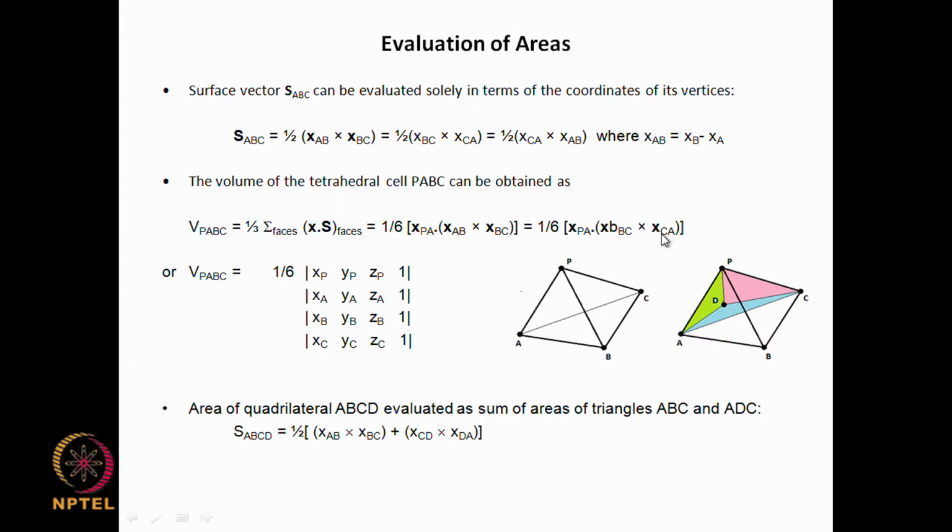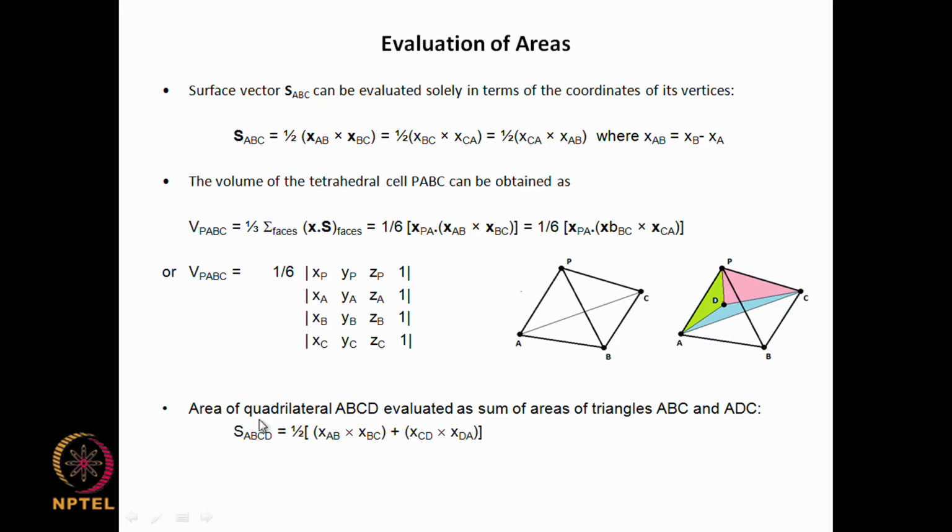Again, the point is we can make use of the coordinate points to evaluate the volumes. This is the determinant of xP, yP, zP, 1 and xA like this. So, if you know the vertices of the tetrahedral element, we can compute the corresponding area and volume.